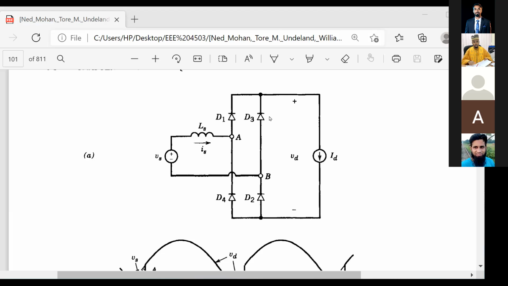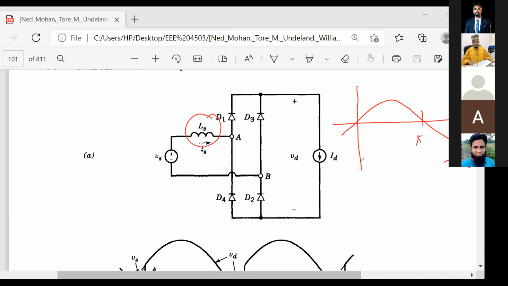Now there is an LS, right? Let us first plot the input voltage. This is your pi and this is your twice pi, and of course this is your omega t. Axis is omega t.